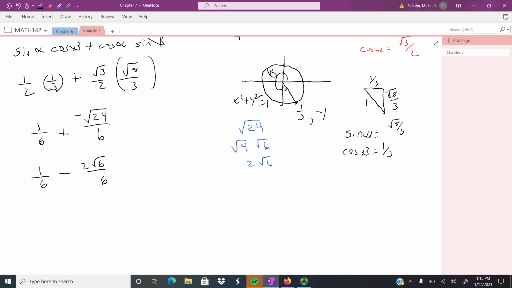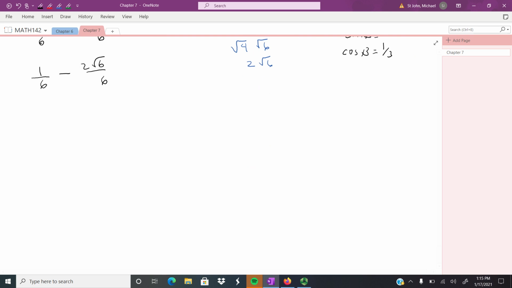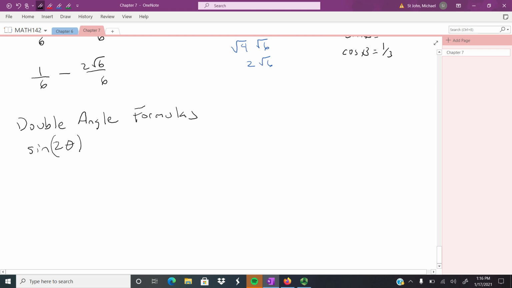All right, still got a few more of the formulas which you're going to see in this chapter. And so we still have the next set, which are called double angle formulas. And so sine of 2 theta is equal to 2 sine theta cosine theta. Cosine of 2 theta is equal to cosine squared minus sine squared.